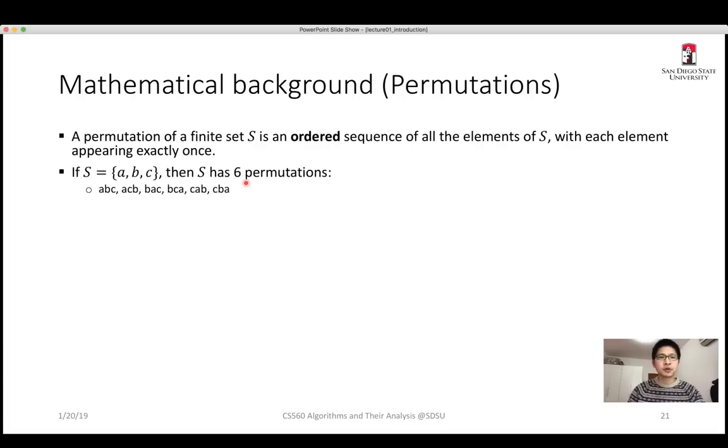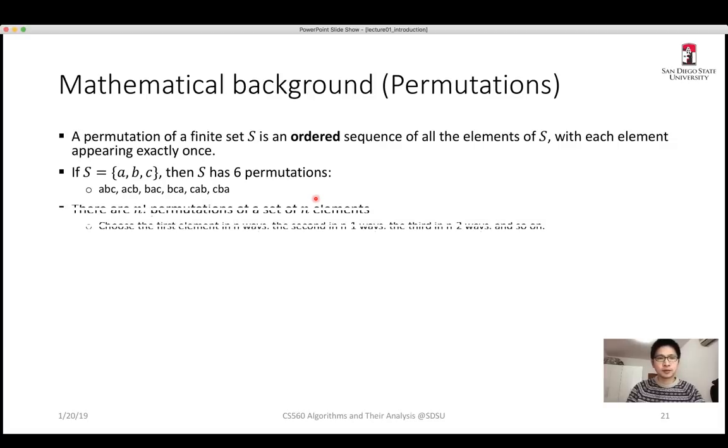For example, if we have a finite set S that has 3 elements, A, B, and C, then S will have 6 permutations: ABC, ACB, BAC, BCA, CAB, CBA. Each of those 6 permutations is a unique ordered sequence of all the original elements in the set S. In total, the number of permutations of a set of n elements is n factorial.